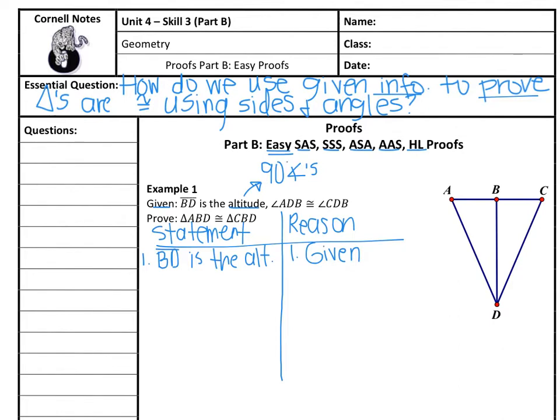So if BD is the altitude, then that means that there's a right angle here and a right angle there, and they're both 90 degrees. So once we have that labeled on our picture and use that vocabulary word, before we can say that we have 90-degree angles, we're going to say that BD is perpendicular. So an altitude is always perpendicular to the opposite side. In this case it is AC.